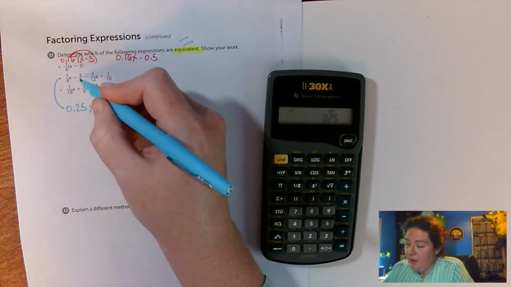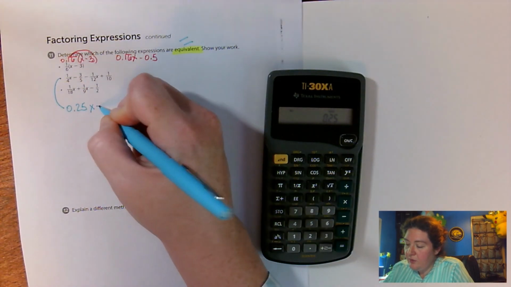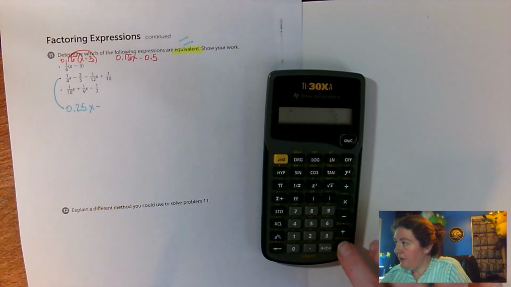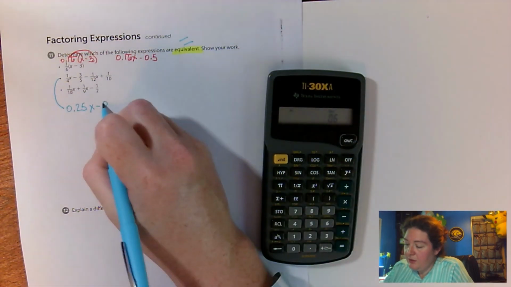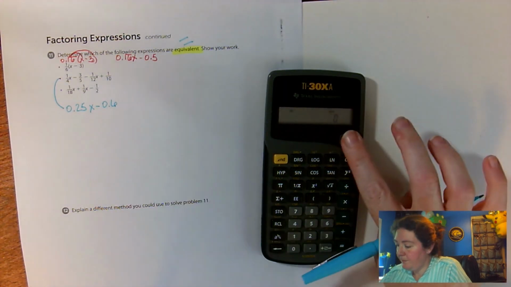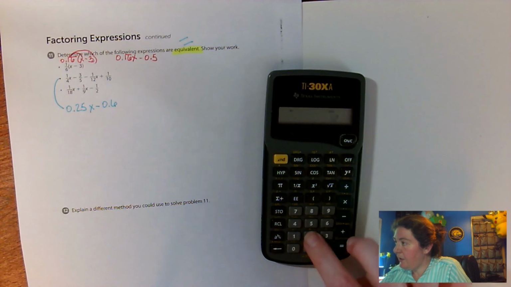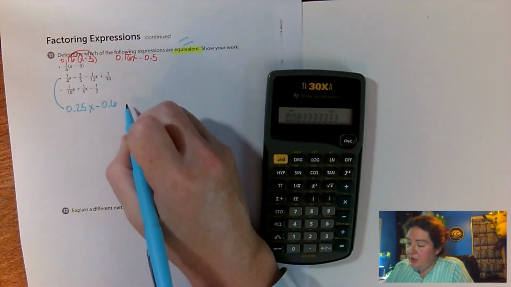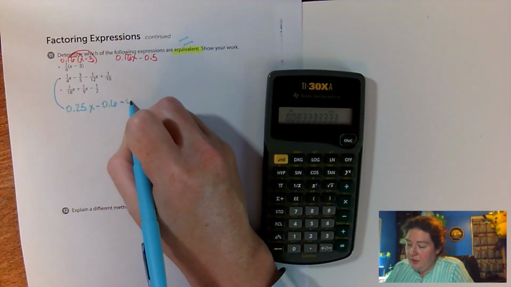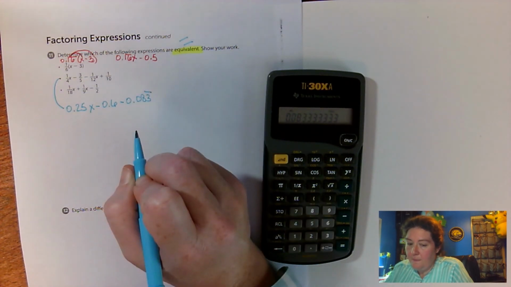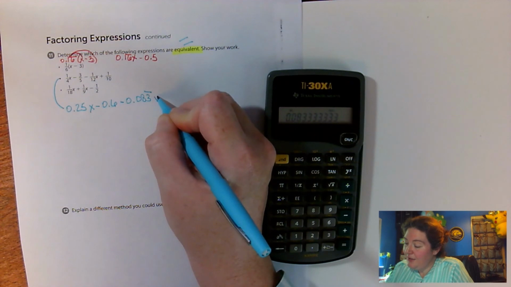I'm going to change this one into a decimal as well. 3 divided by 5 gives me 0.6. Change this one. 1 divided by 12 gives me 0.083 repeating. And I can't forget my x.